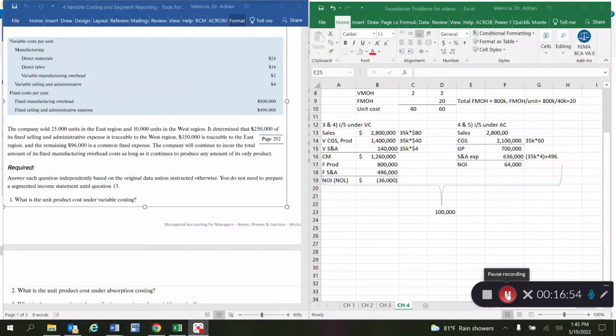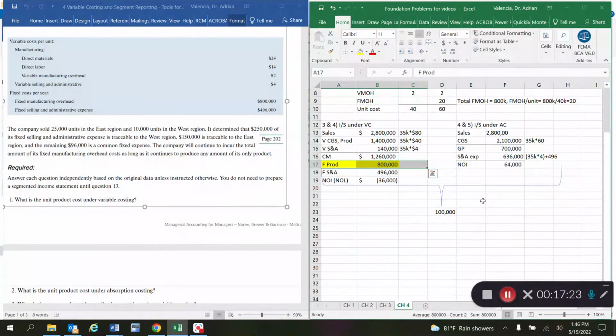And what we'll find out is that this difference of $100,000 going from negative 36 to positive 64 relates to the fixed manufacturing overhead. Okay, so I'm going to give you the punchline right now and we'll just highlight it. But the idea is this: under variable costing, we're always going to expense the whole fixed product cost.